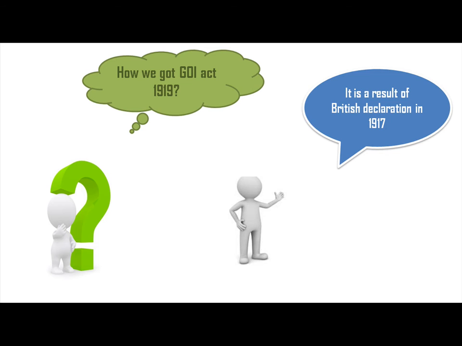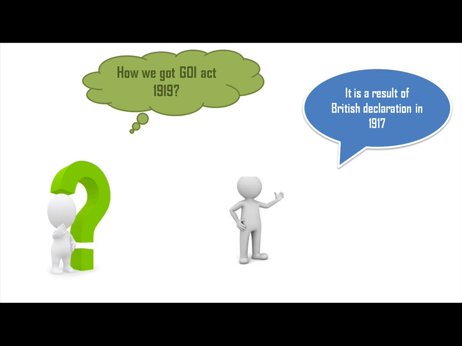In order to fulfill this declaration, Montague and Chelmsford, who were the Secretary of State and the Viceroy at that time, were nominated, and they were asked to give a report on how to fulfill these declarations. Montague and Chelmsford gave some points on the basis of which we can fulfill this declaration.